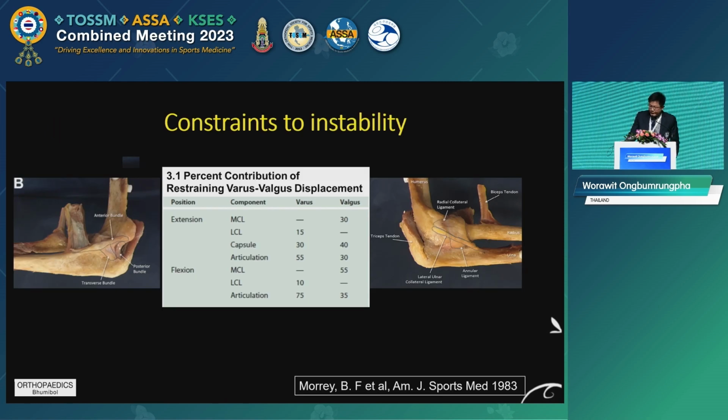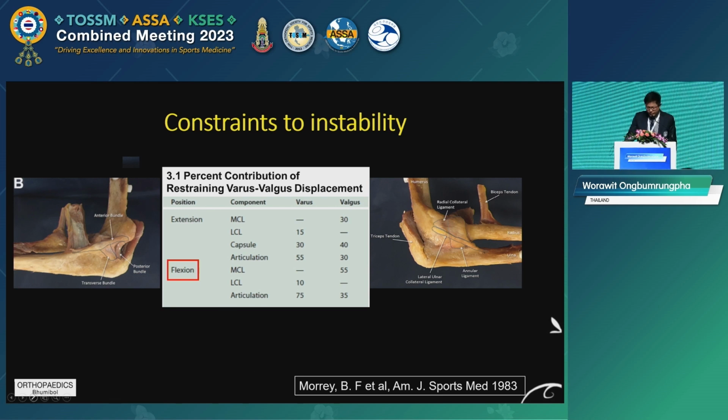This is a very nice study by Dr. Bernard Morrey, who is a renowned expert on the elbow. It was done by sectioning or removing different portions of the ligament and capsule to determine which ones are the most important. When you flex the elbow to 90 degrees, the medial collateral ligament is bearing the full weight in valgus, but it is less important as you extend.